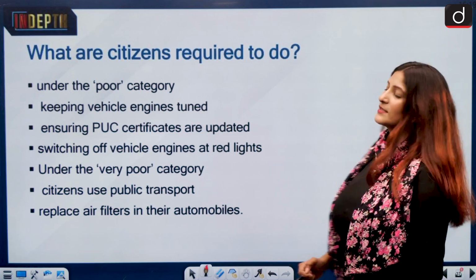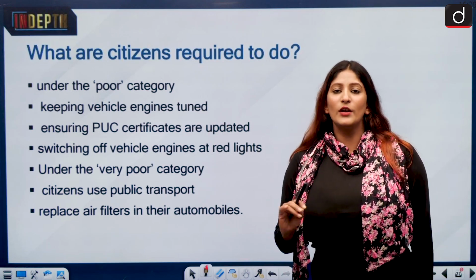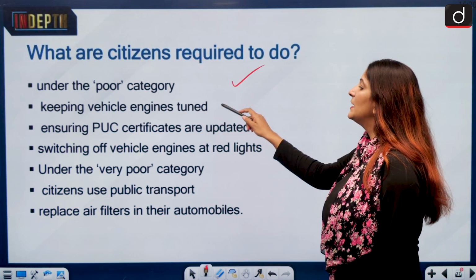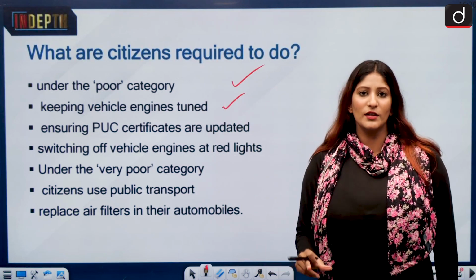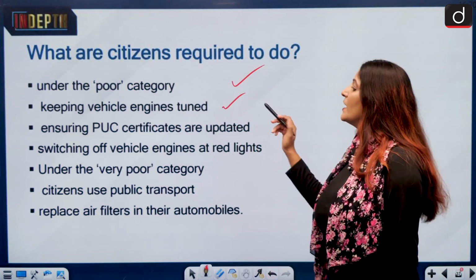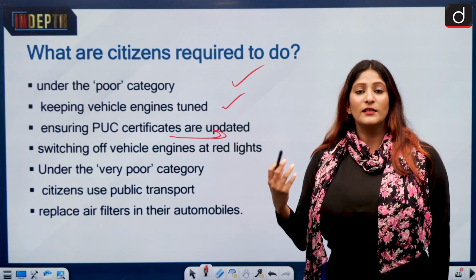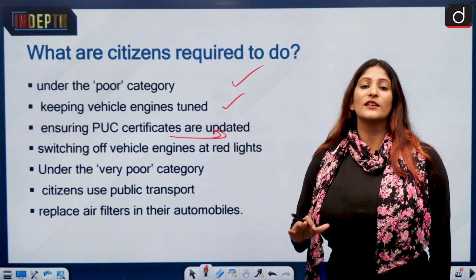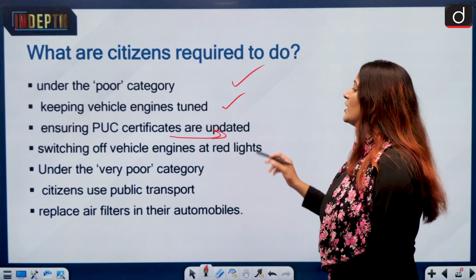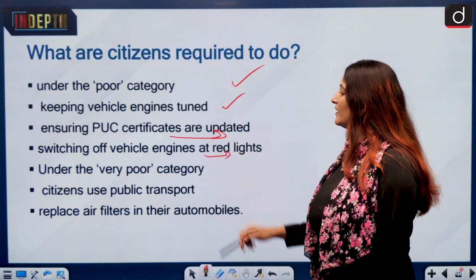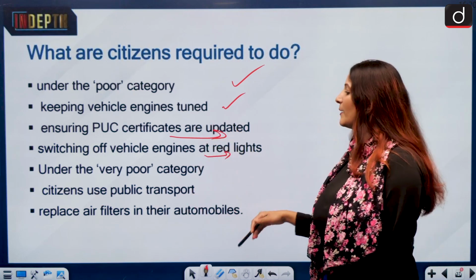Now, what are citizens required to do? When the air quality index is poor, then keeping vehicles' engines tuned so that there is no emission, ensuring PUC certificates are updated so that the current status of polluting vehicles can be known, switching off vehicle engines at red light. Under the very poor category, what happens?